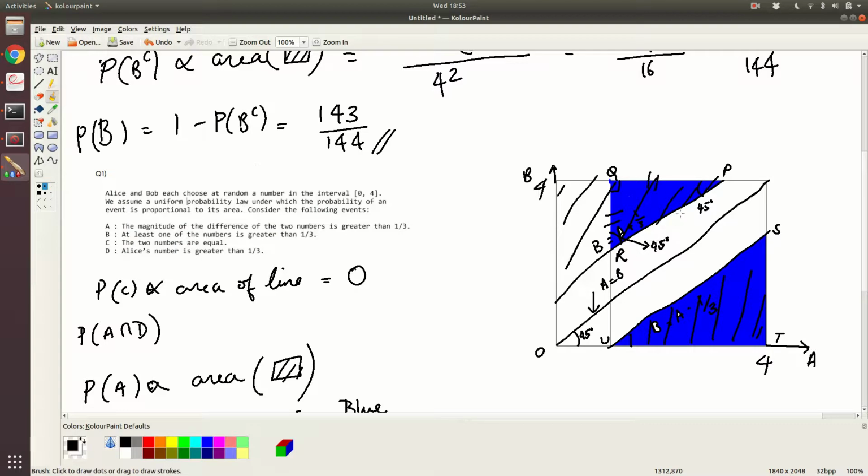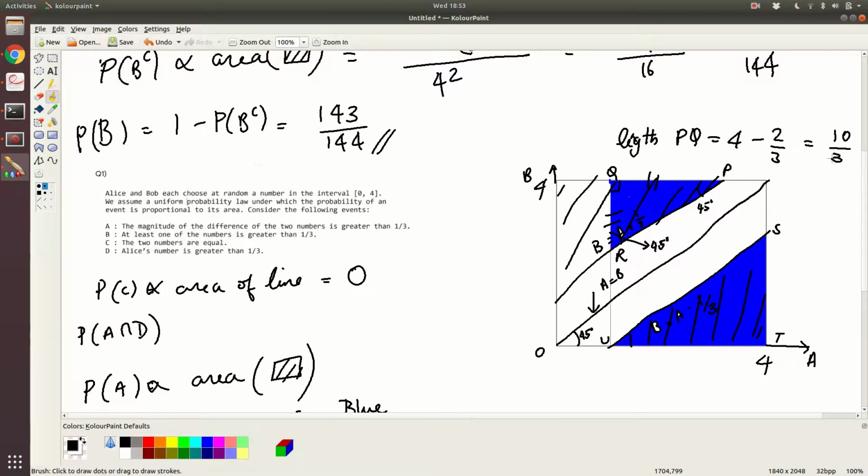All right. So one of the sides we know easily. So length PQ we know. Length PQ is 4 minus 1/3 over here and 1/3 over here. So 4 minus 2 by 3, which is equal to 10 by 3.